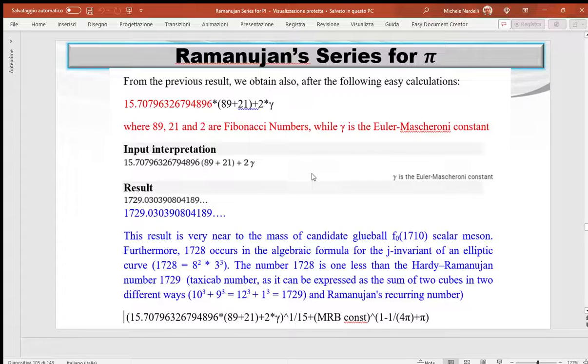From the previous result, practically 5 times pi, we obtain also, after the following easy calculation, where 89, 21 and 2 are Fibonacci numbers, while gamma is the Euler-Mascheroni constant.